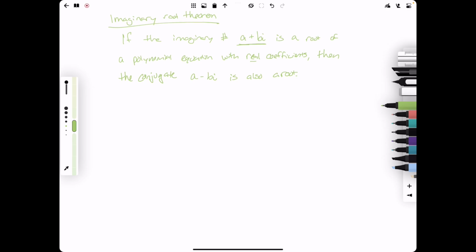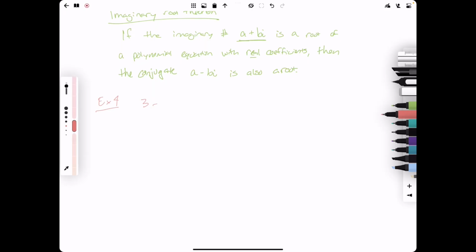We'll try a quick example, a very quick one with this. I'll leave the theorem even there. A polynomial equation with integer coefficients has the roots 3 minus i and 2i. Find 2 additional roots.